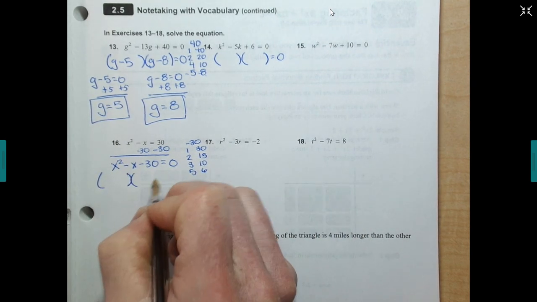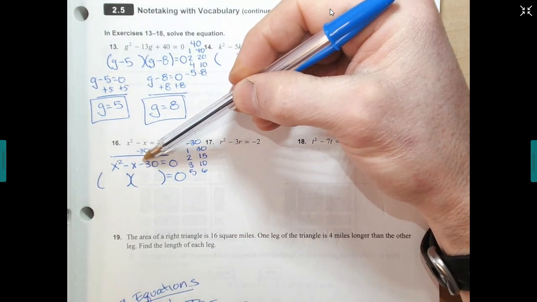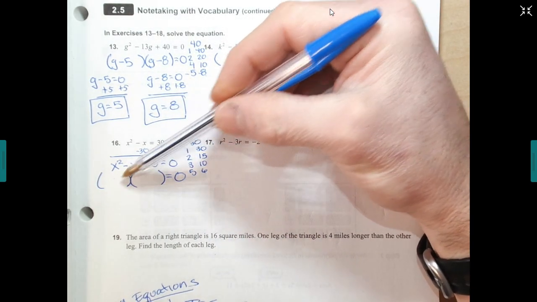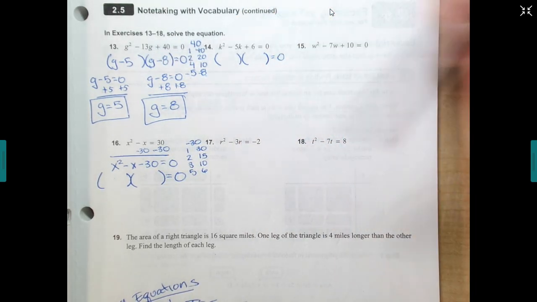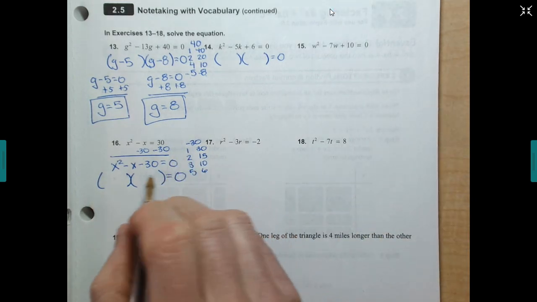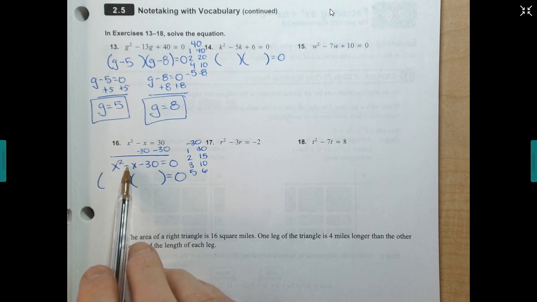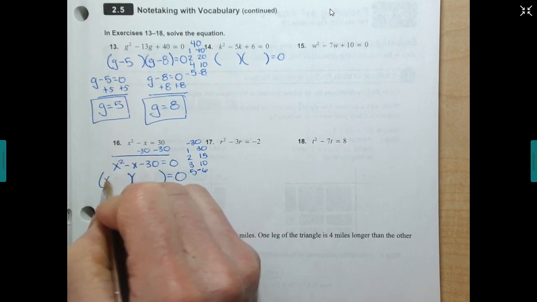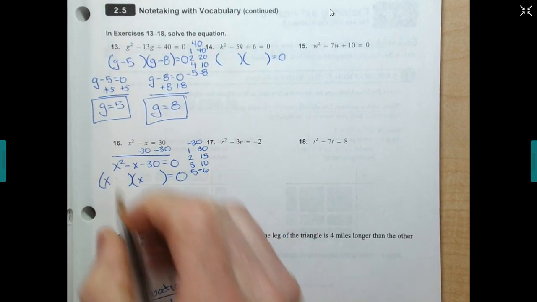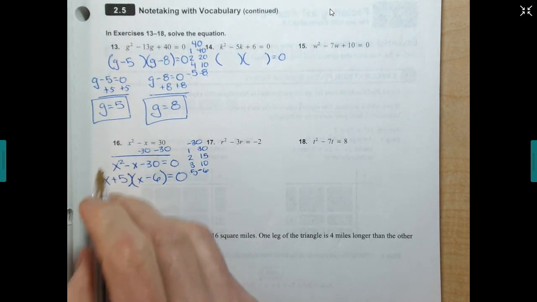Sorry about that. When this is negative, I'm going to have one of these be negative. When this is positive, they're both going to be the same, either both positive or both negative. All right. So which of these gets me to a negative 1? So positive 5 and a negative 6. That gives me a negative 1. So plus 5 minus 6 equals negative 1.